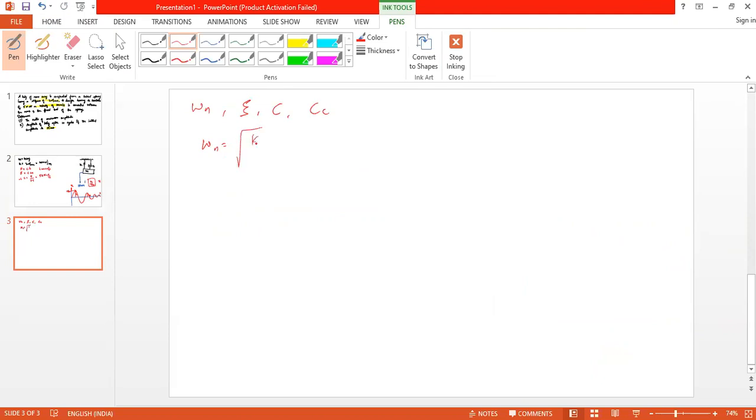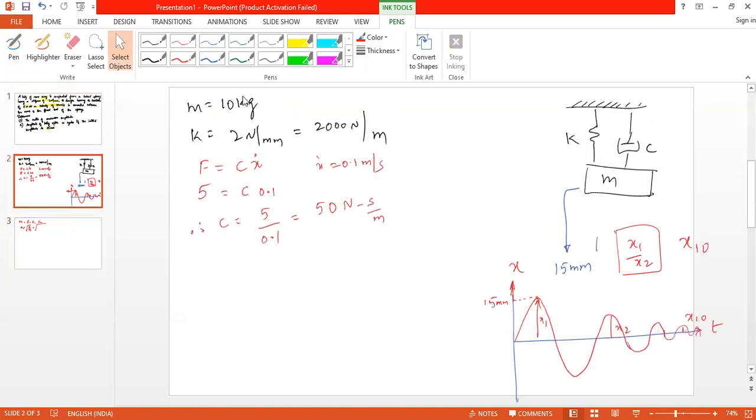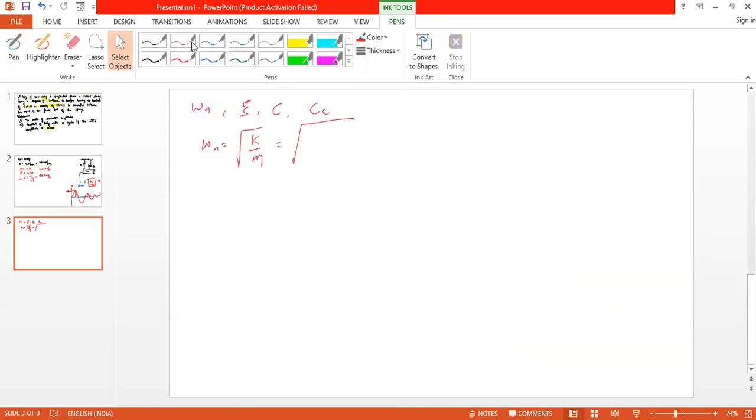Root of k by m. And what is k? K is 2000 divided by 10. So what is the answer? What is root of 200? It is 14.14 radians per second.